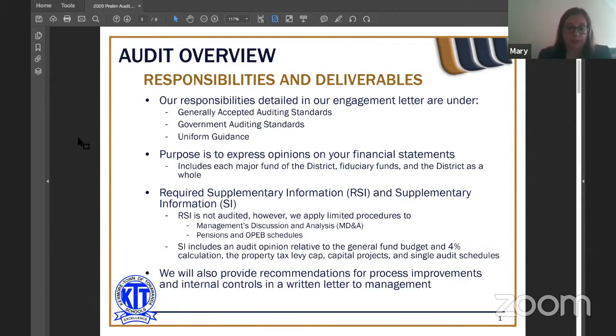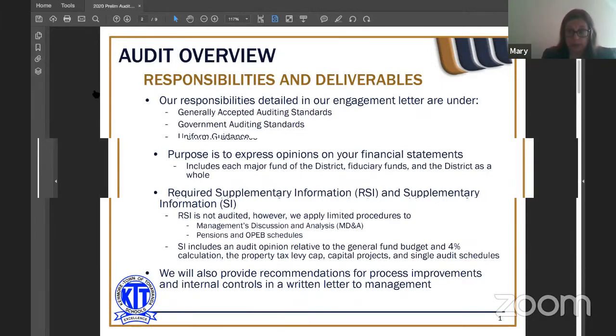You will receive a financial statement that's been audited under generally accepted auditing standards, government auditing standards, and also the uniform guidance, which is required because you receive over $750,000 worth of federal funds that we're required to test some of. So there'll be that testing as well. And the purpose is to express an opinion on the financial statements. That includes each major fund, the fiduciary funds, and then the district as a whole.